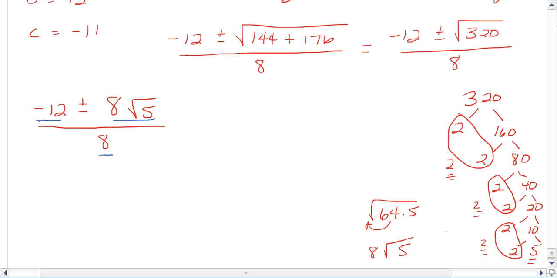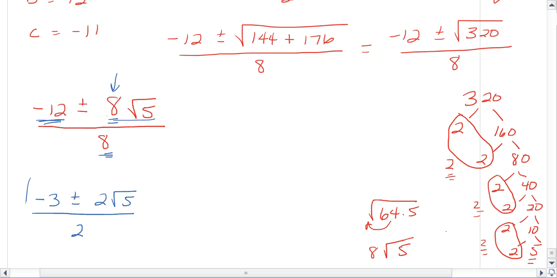So we're going to take a 4 out of this term, a 4 out of this term, and a 4 out of this term. So if I divide negative 12 by 4, I get negative 3. Keep your plus minus sign. 8 divided by 4 is 2. Remember, 2 square root 5 is a number, and I'm just working with the real part here, this 8. And then 8 divided by 4 is 2.